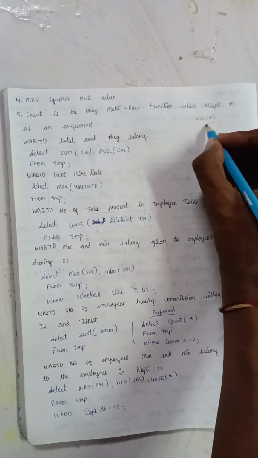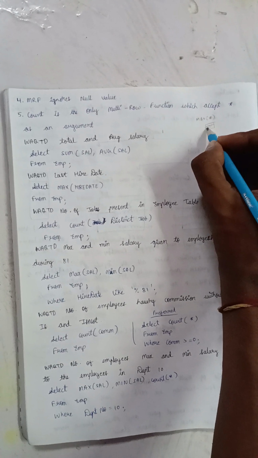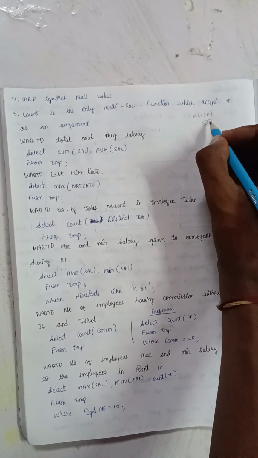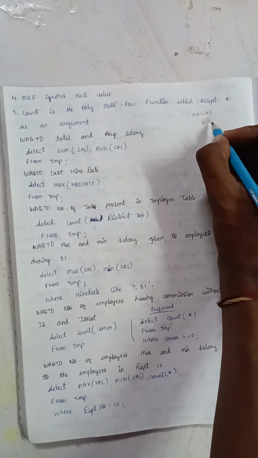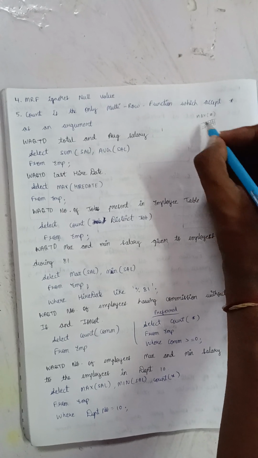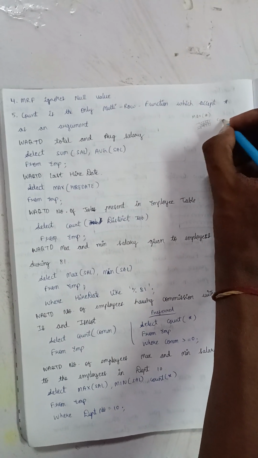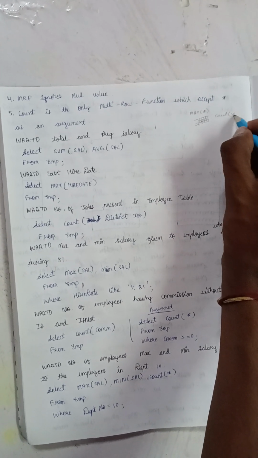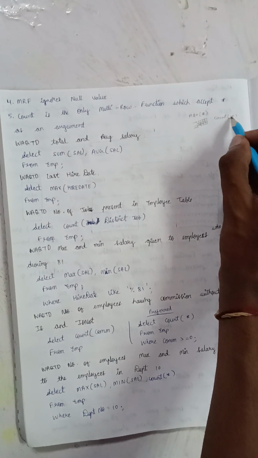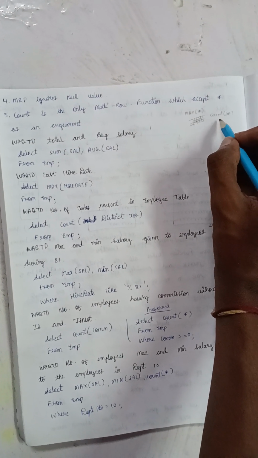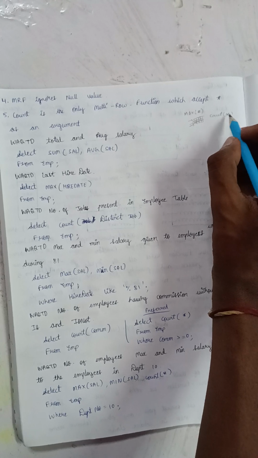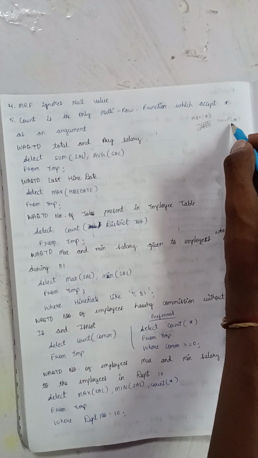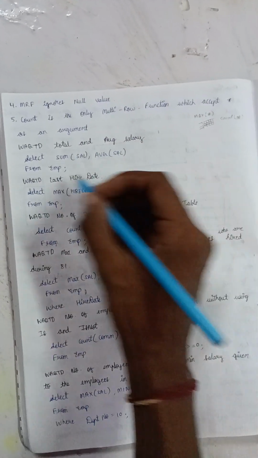Count of hash counts all the records of the entire table. By using the count function with hash, we can count all the rows present in the employee table or any other table.